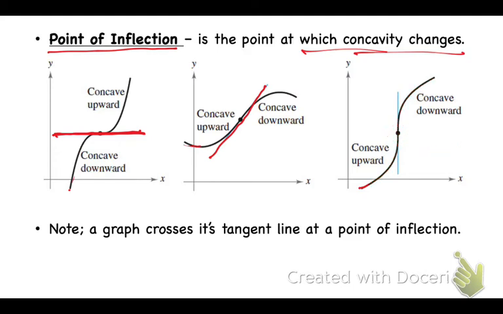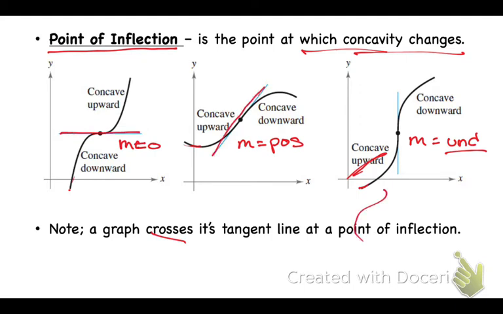The third one is a vertical. So can I have tangent lines with different slopes? My first slope is 0, my slope is positive, and my slope is undefined. Okay, note a graph crosses its tangent line at the point of inflection. See how it's crossing it? That's what they wanted to show you. Am I good?